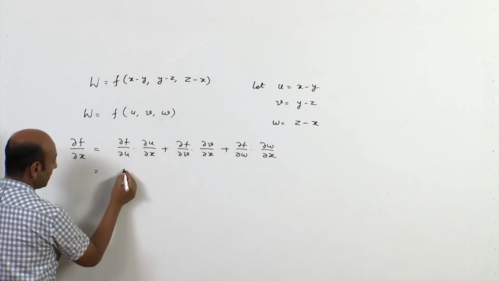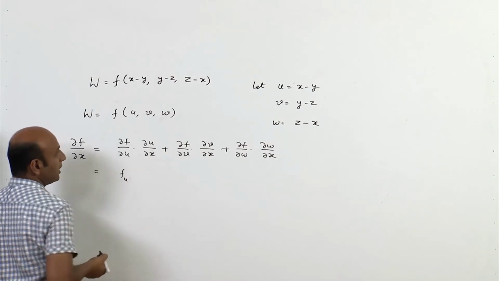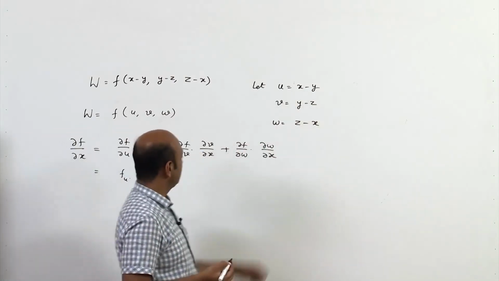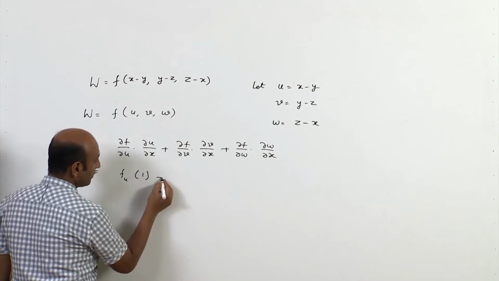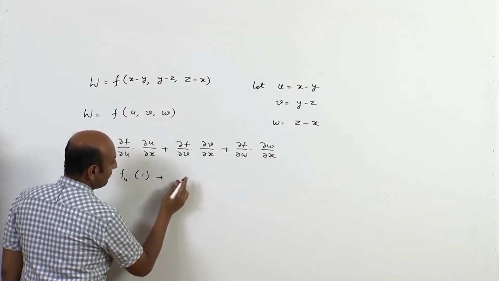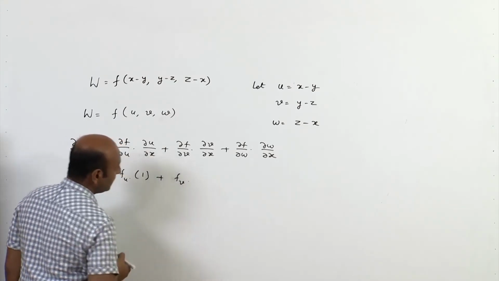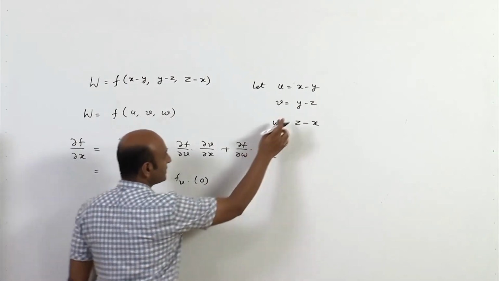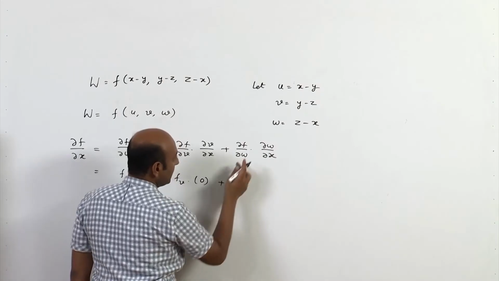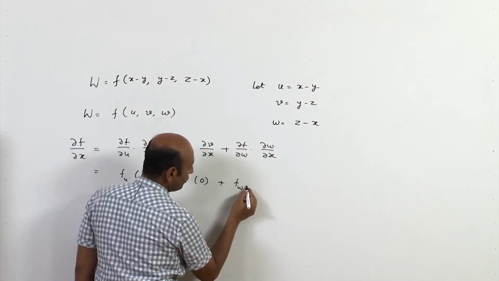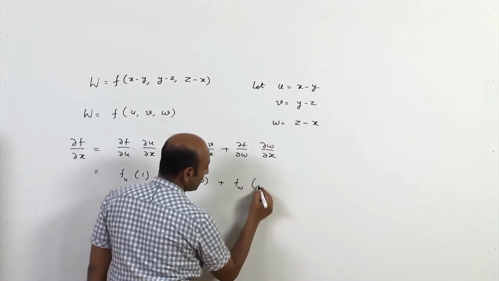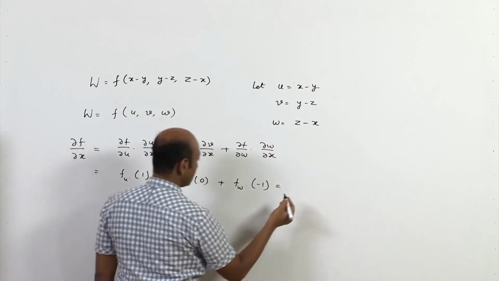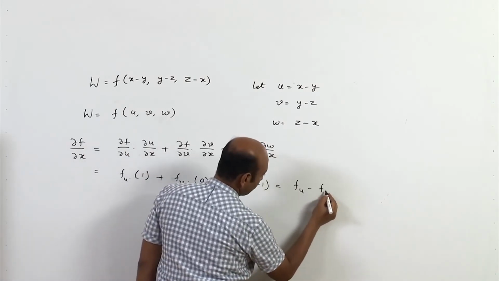That will be f u into del u by del x, which from here is 1. So, it is 1, plus del f by del v is f v, and del v by del x is 0, no x is here, plus del f by del w is f w into del w by del x, which is minus 1. So, it is f u minus f w.